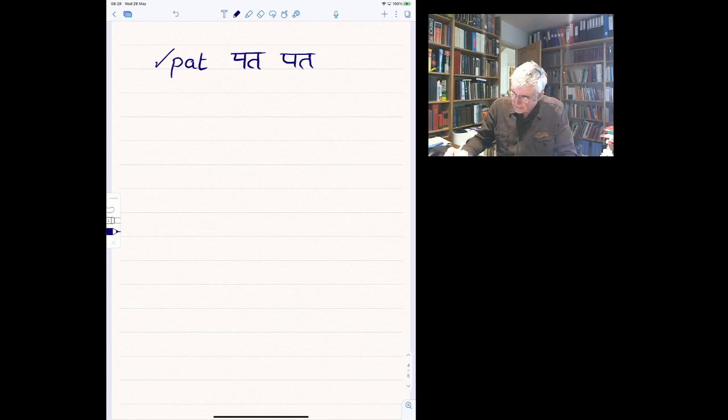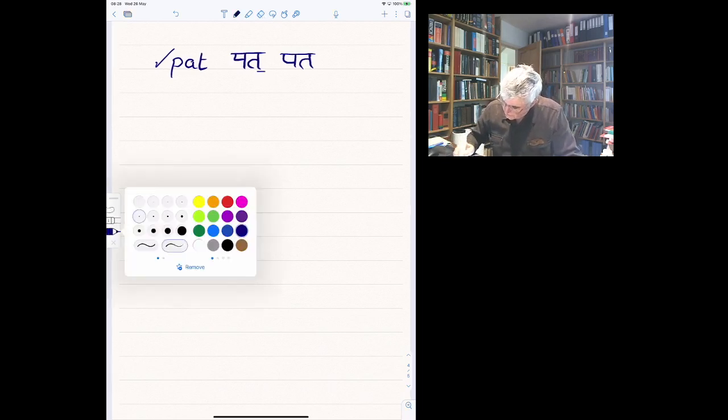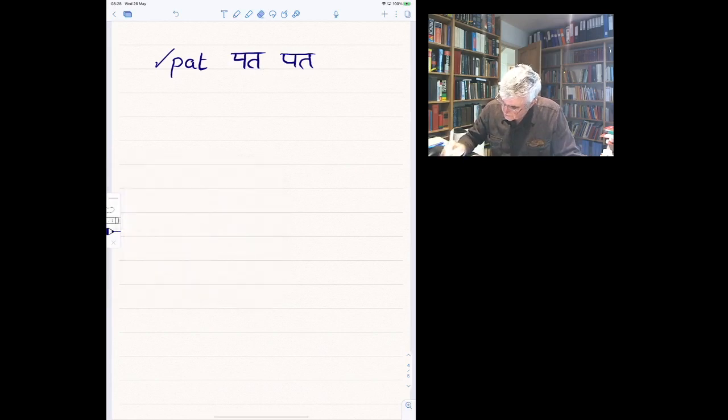If you want to make it just pat, but to block off that last a, you'd have to write what's called the virama. Sorry, my pen's going funny. I have to write the virama under it like that. See, virama means a stopping or a pausing. It means it stops or pauses that a. So instead of pata, it becomes pat. So that little sign there blocks the final a.